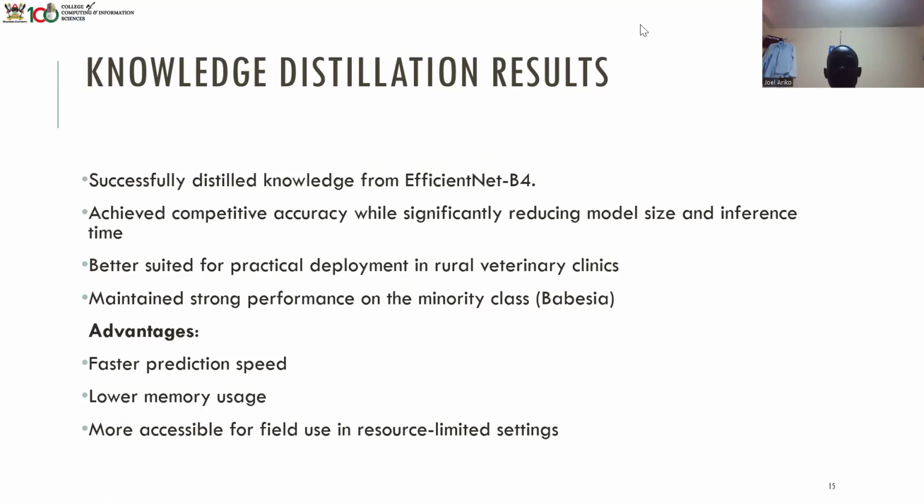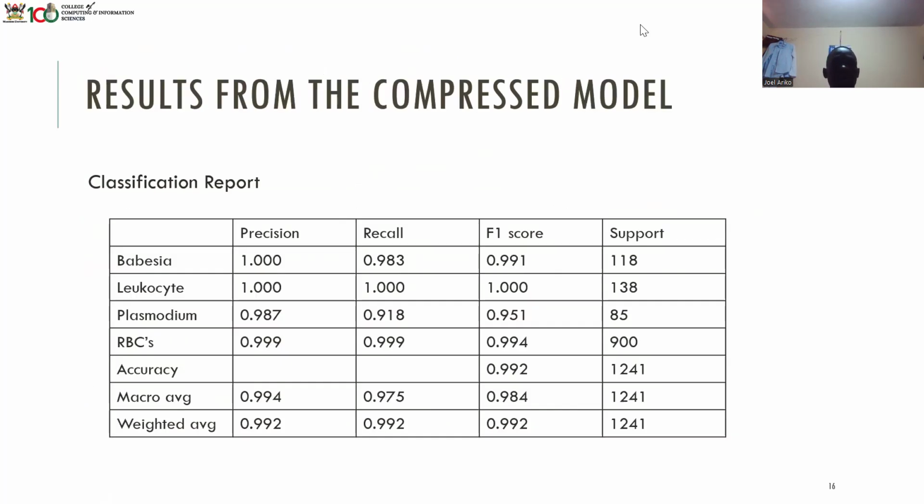Remember, the compressed model is lightweight, so therefore it can be used in resource limited or constrained environments. So below here are the results of the compressed model. As you see, I can't read them, but the overall accuracy was 99% or 99.2%.